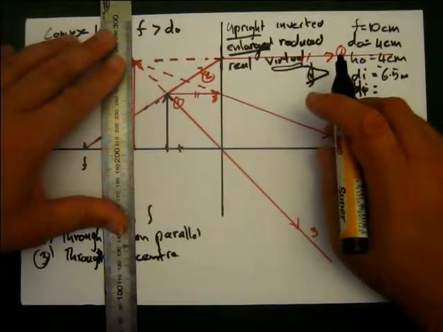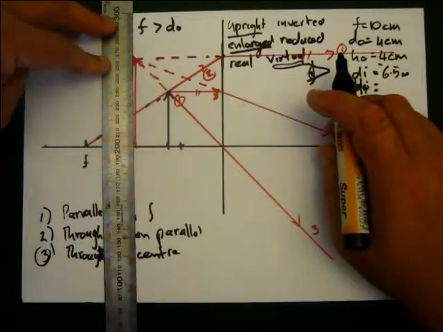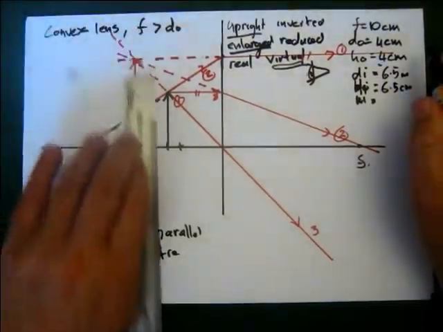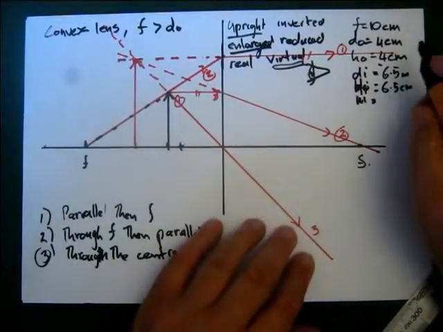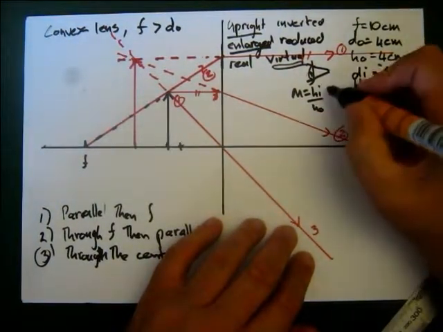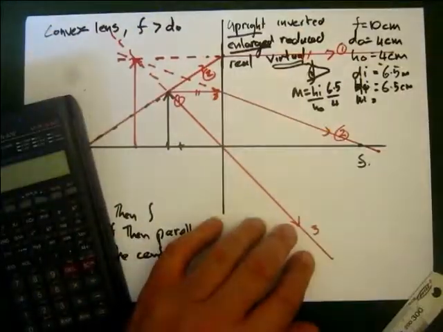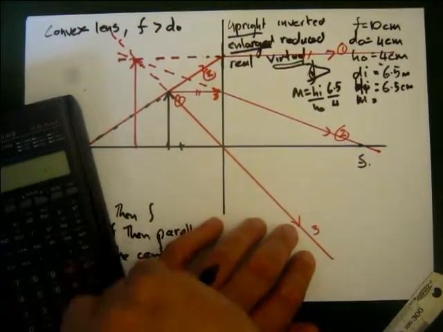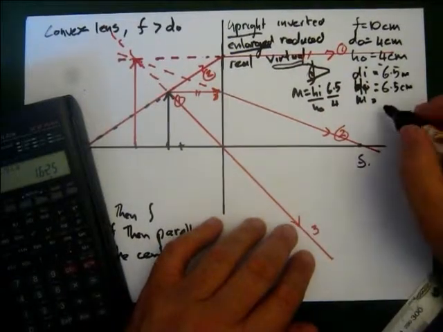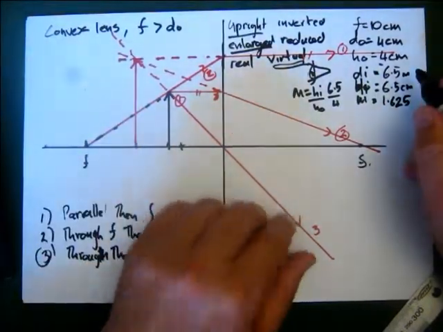I stick the ruler on it, so about 6.5 as well. And then the magnification, M is equal to HI over HO equals 6.5 over 4. 6.5 divided by 4 equals 1.625. So it's enlarged, made bigger.